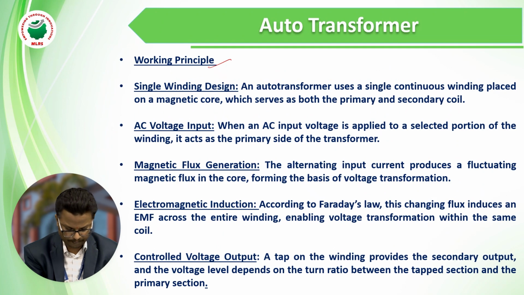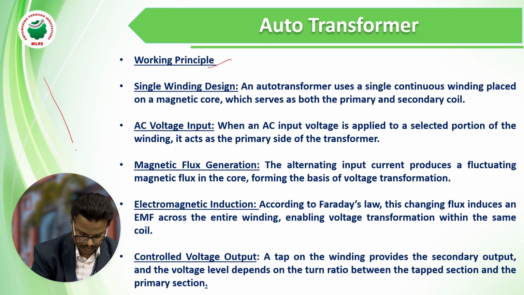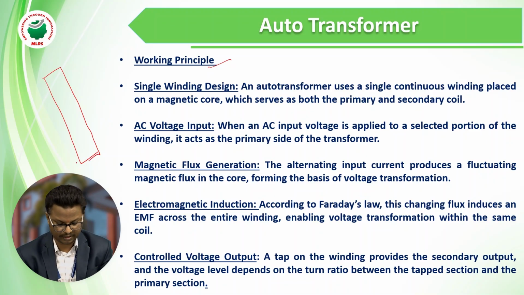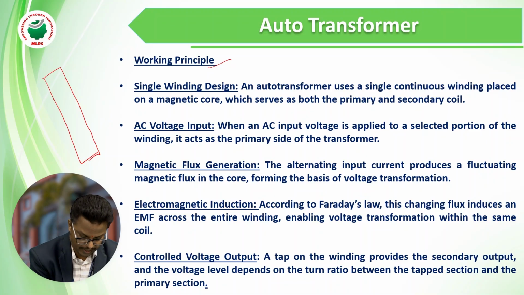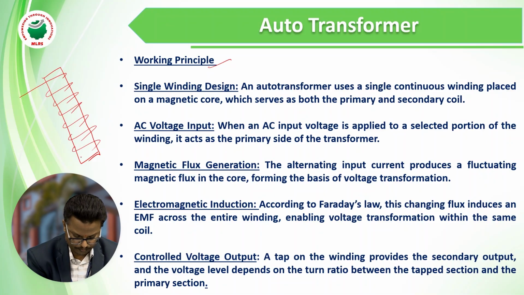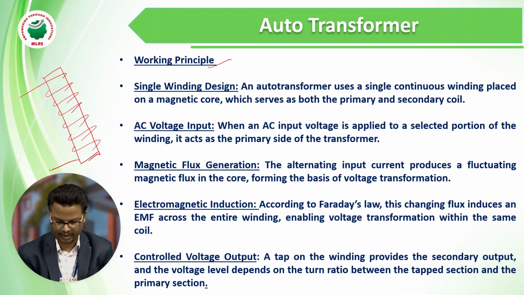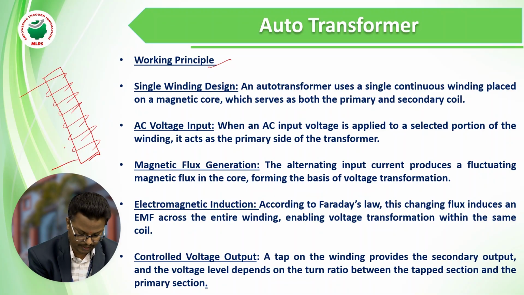See here, I am drawing. This is a magnetic core. In this magnetic core we are placing the winding. Okay, a single winding, and this single winding acts as a primary.